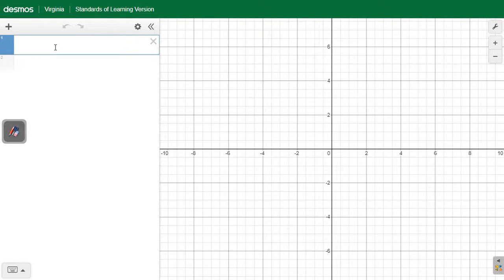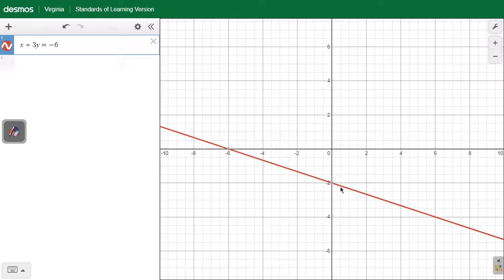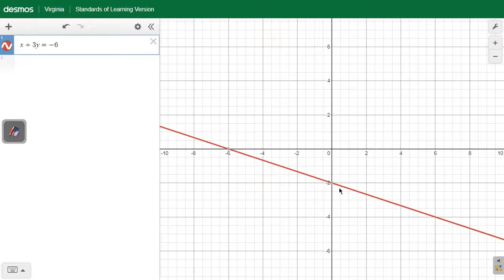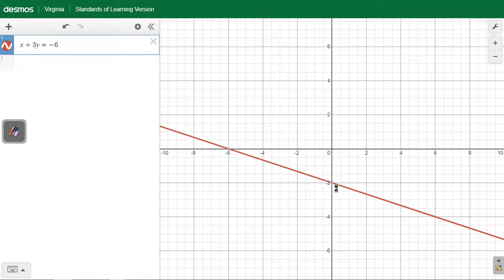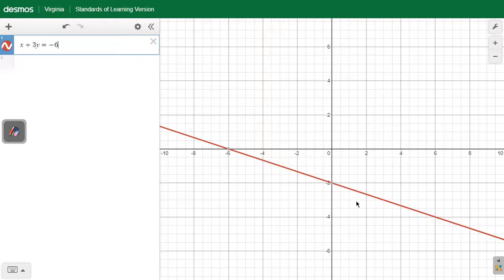Well, we have x plus 3y equals -6. Okay, well, we can see that this one matches up when it comes to the y-intercept.